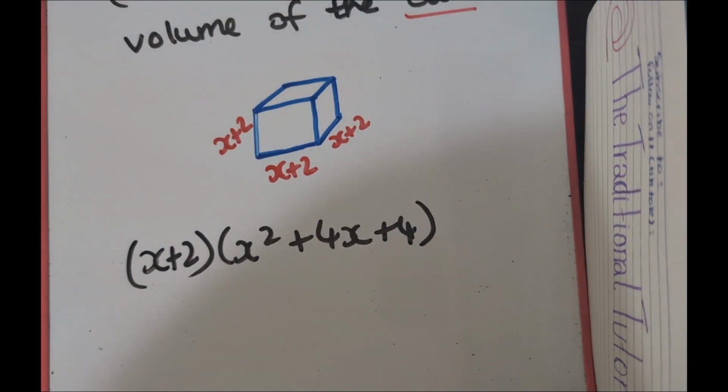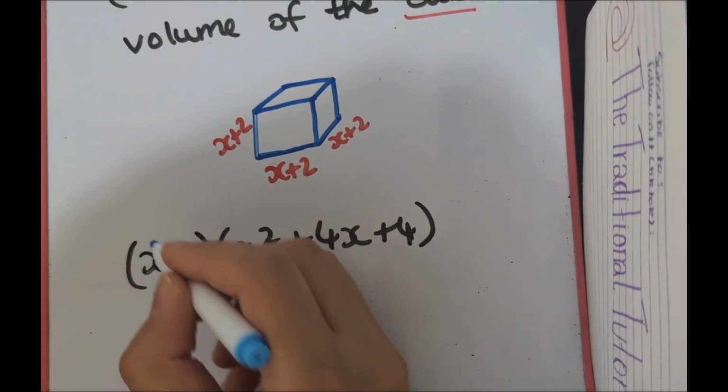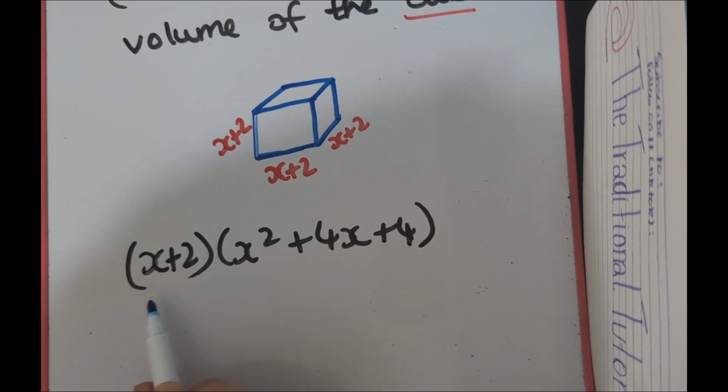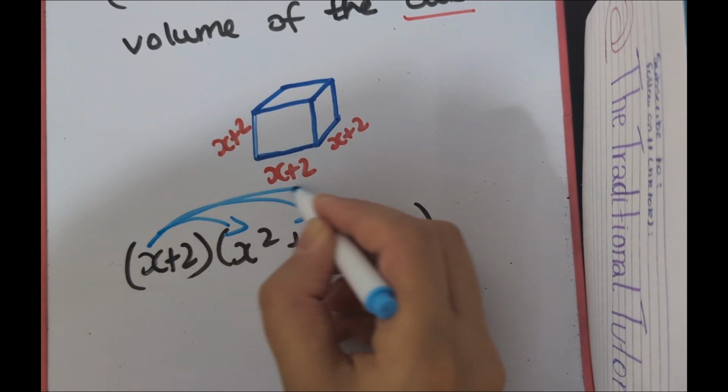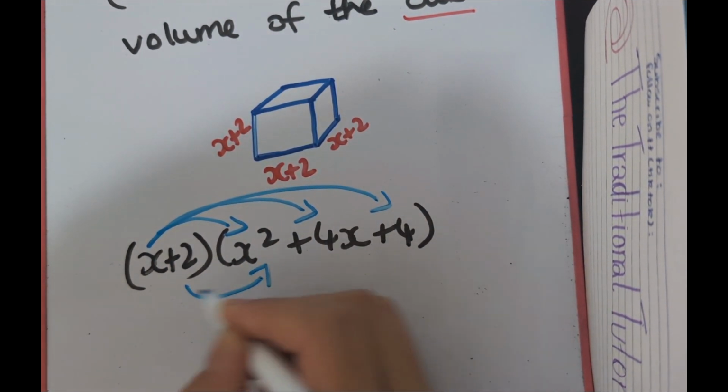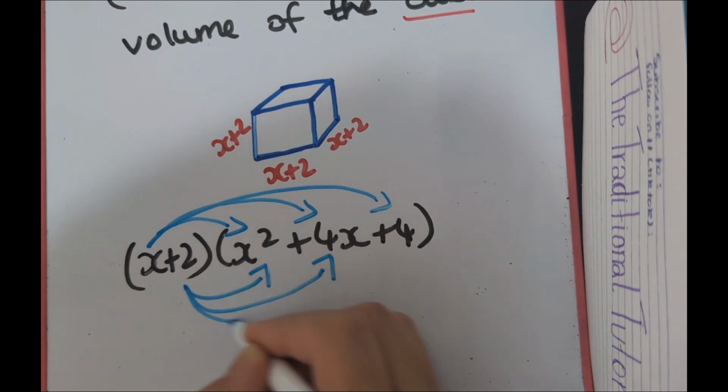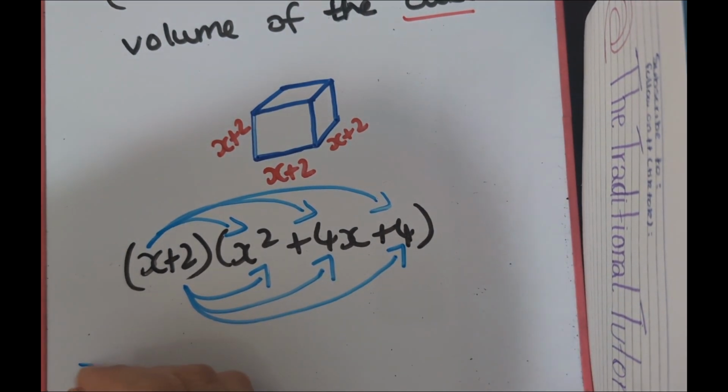So the last step is just to do x plus 2 times by my quadratic expression that I just worked out previously. And I've done it in this way, remember, because it just makes the working out easier, less errors to be dealing with. Okay, so it's as follows. And now I'm just going to go ahead and actually work it out.